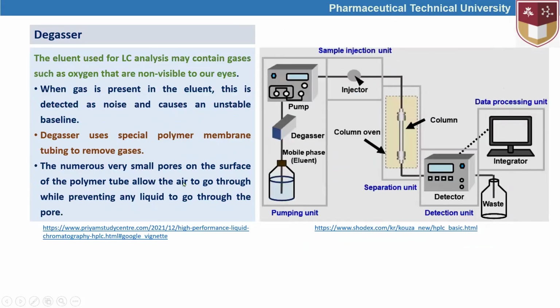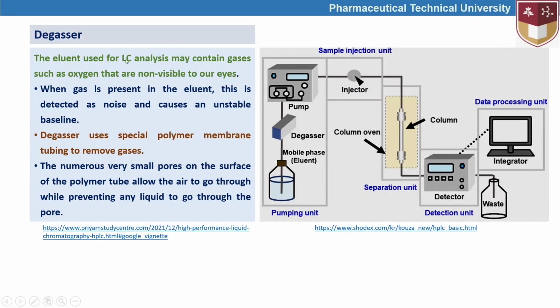The degasser is another part that is very significant. Here we can see that the eluent going through the pump to the column is degassed by using a tool termed a degasser.